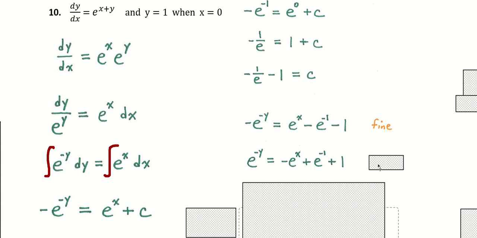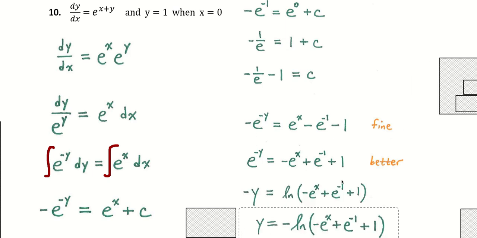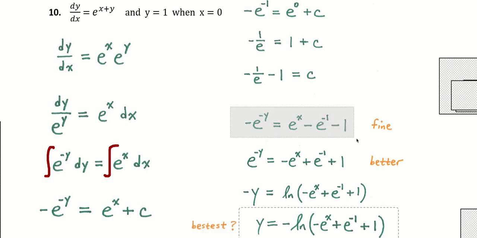Or if you want to, then divide both sides by negative 1. But if you actually want to solve for y, all the way, that's fine. I'm not going to get hung up on how far you're going for a proper final answer. I'm just worried about the separation of variables and the initial condition stuff.